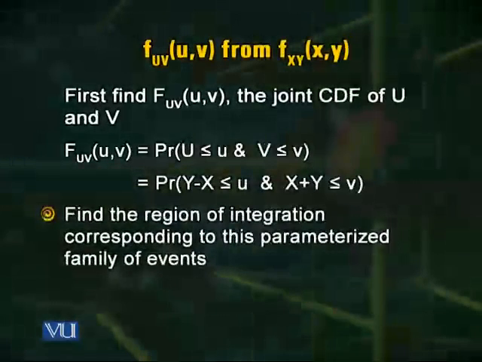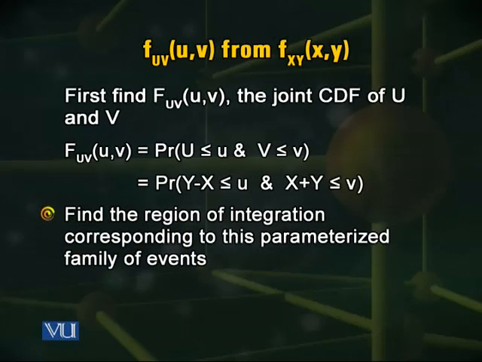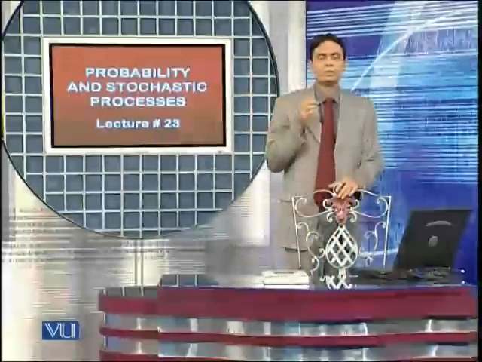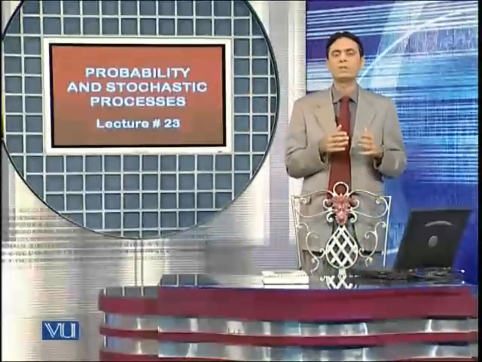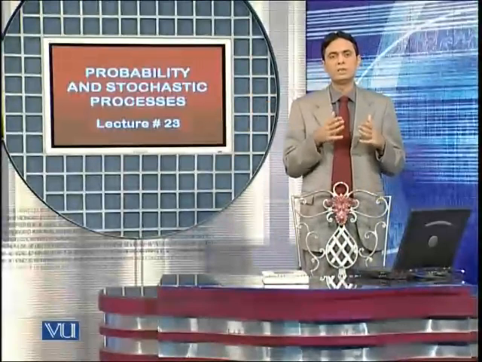Let's see how we can do this for this problem. So we will find the joint CDF, which is a parameterized family of probabilities, by integrating the joint PDF of x and y over the appropriate region of xy plane. So starting with the joint PDF of x and y, we look at the regions which correspond to different CDFs.